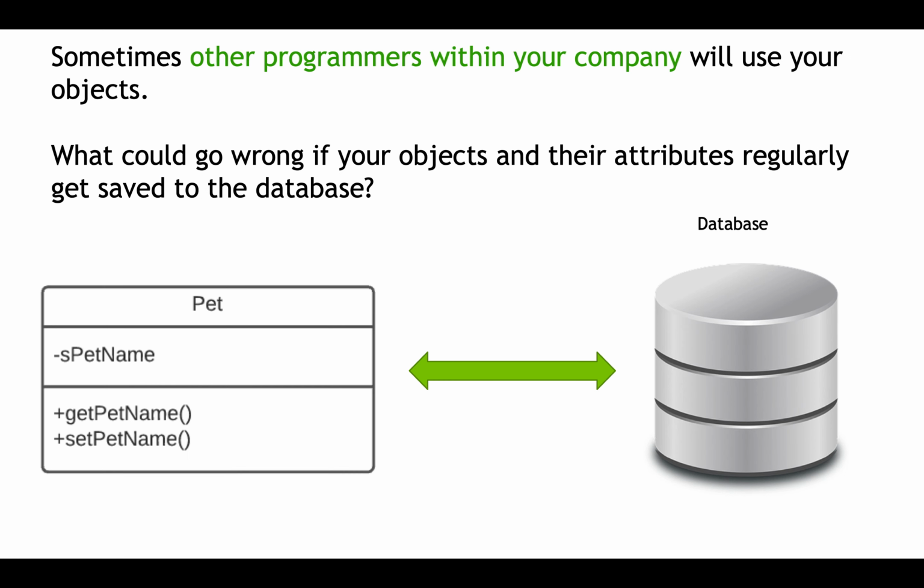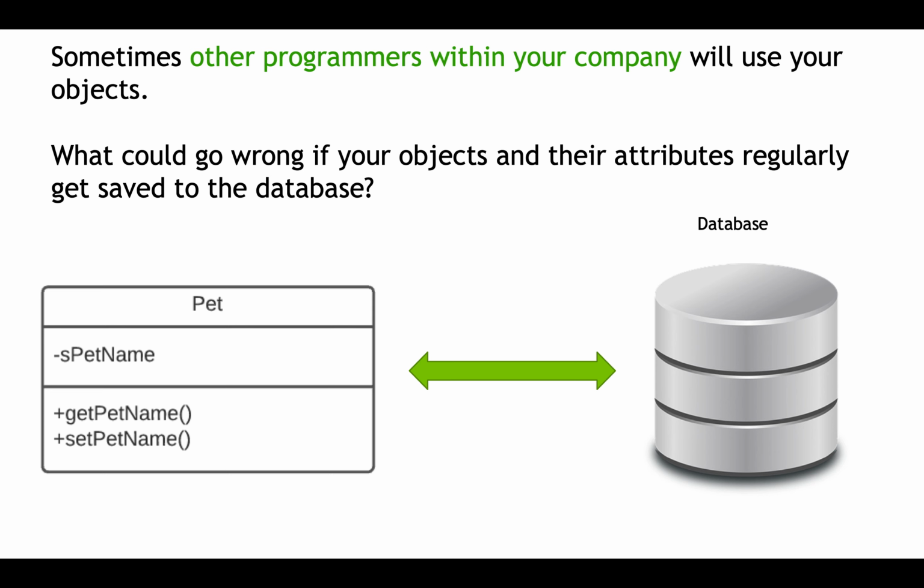Now, as it relates to your own code, why might you want to think about making some of your variables or your methods private? Well, here's kind of a bigger picture. When you're using objects, oftentimes objects represent data that is a row in a database. So here I have a pet, but it also could be an order or a customer. So just think about anything that could represent a row in a spreadsheet.